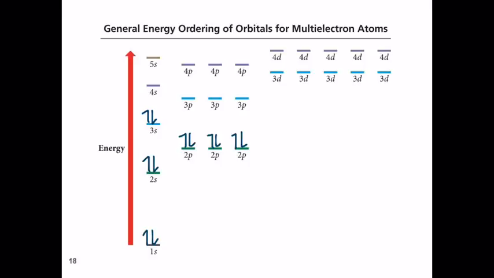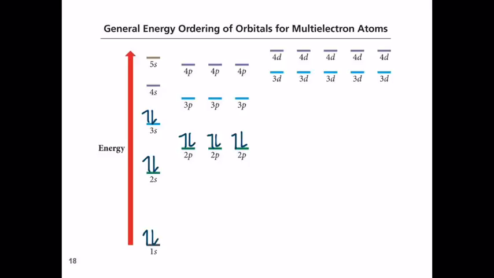Okay, and so as we go up in energy, we're going to fill the 3s, then we're going to fill the 3p. And then here's one of those anomalies. The 4s room is cheaper than the 3d room. The 4s sublevel is lower in energy than the 3d sublevel. And we don't need to understand exactly why that is.